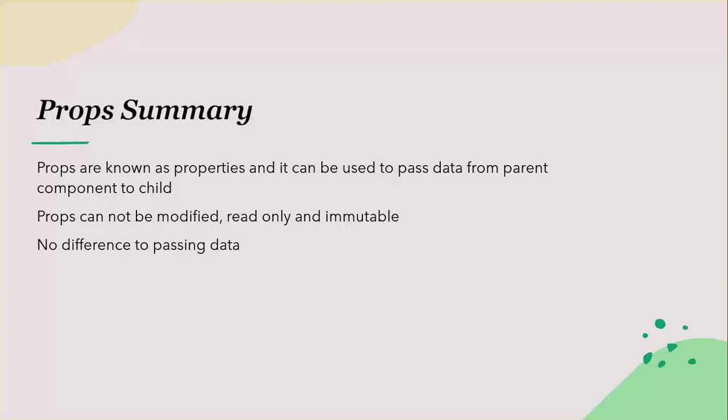There is no difference between functional and class components to pass the data into props. But for reading data, there is a difference. In a class component, you need to use the this keyword to read the data from props.